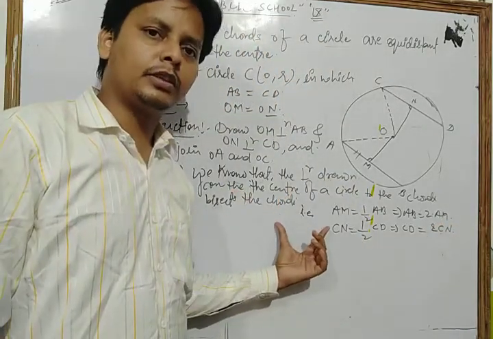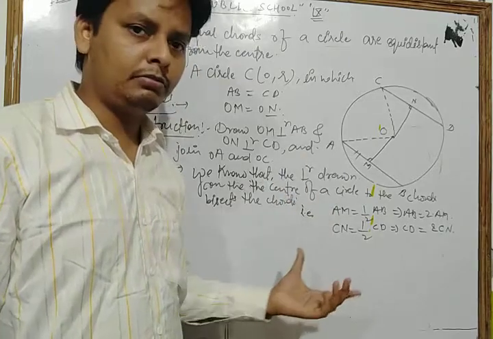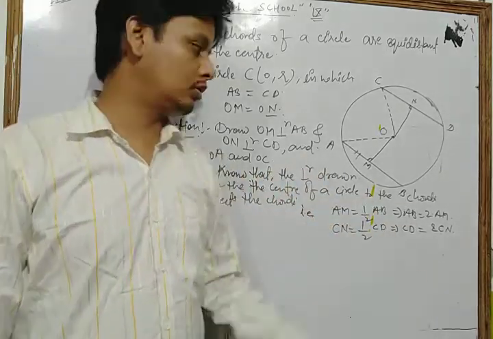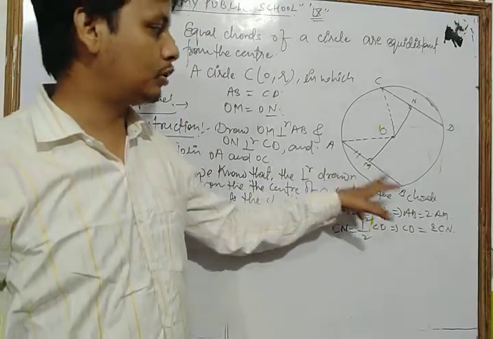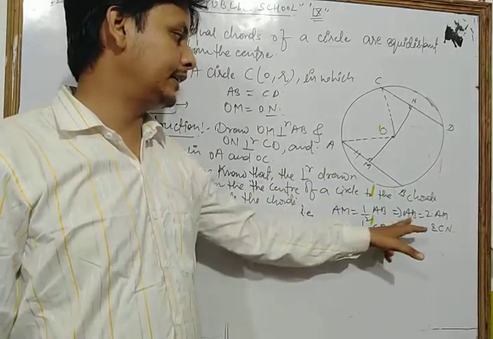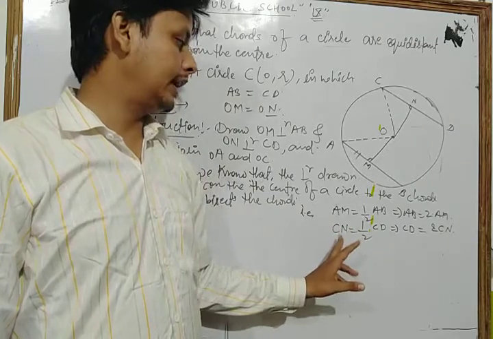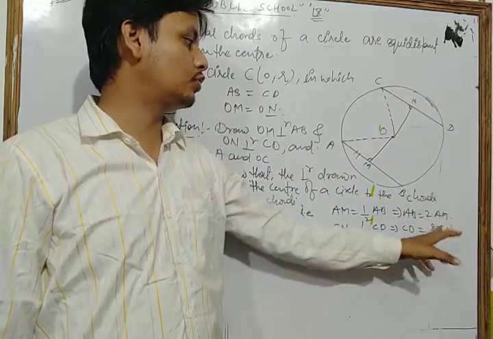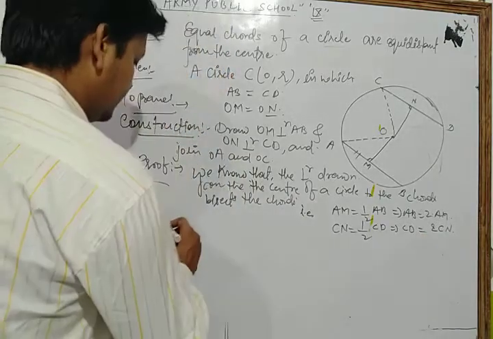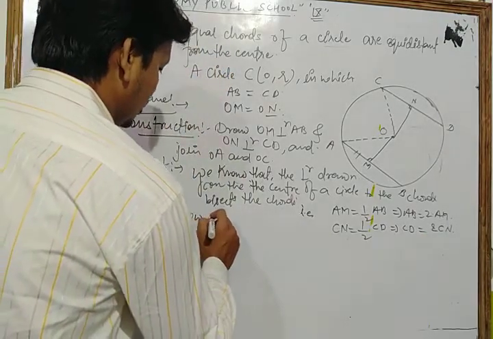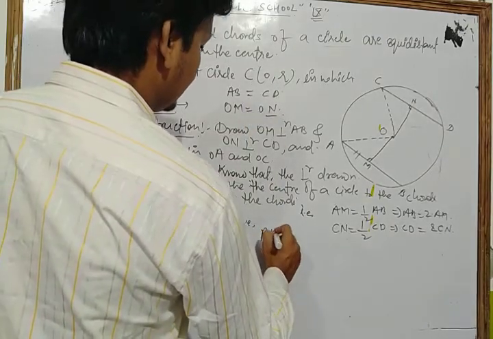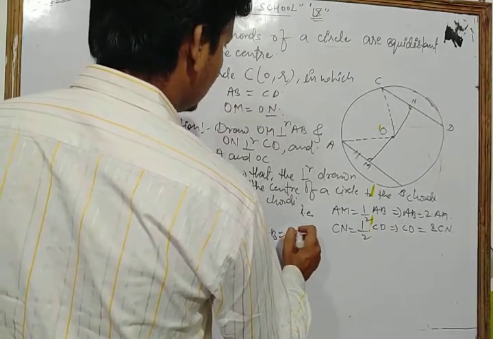We know that from the theorem, the perpendicular drawn from the center of the circle to the chord bisects the chord. So in this way we have AM is equal to half of AB, so we write AB is equal to 2 times AM, and same as CN is half of CD, so CD is equal to 2 times CN. Now we have AB is equal to CD.